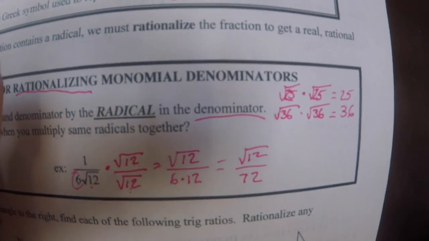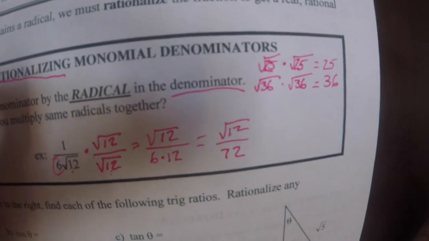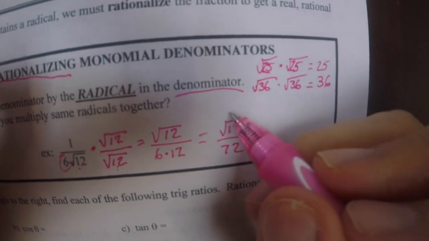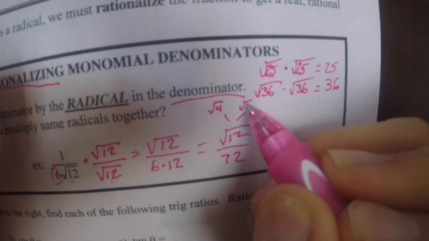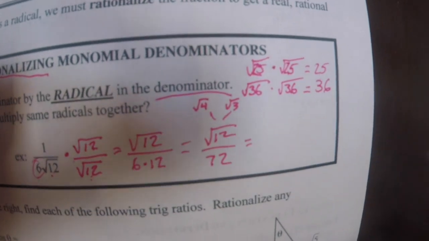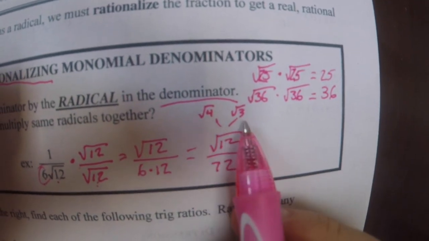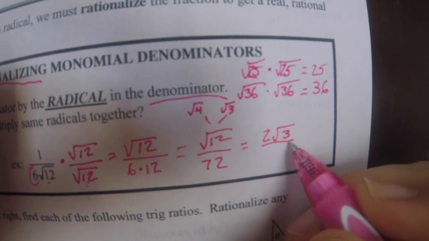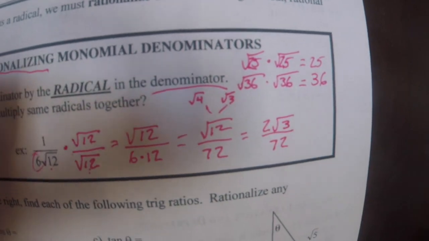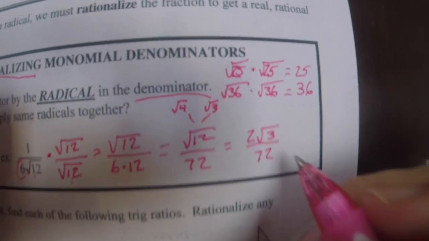Unfortunately, we're not done because radical 12 can definitely be simplified. Remember, we can break this into the square root of 4 times the square root of 3. So square root of 4 is 2. Radical 3, we leave it. So we have 2 radical 3 over 72. And still we're not done.